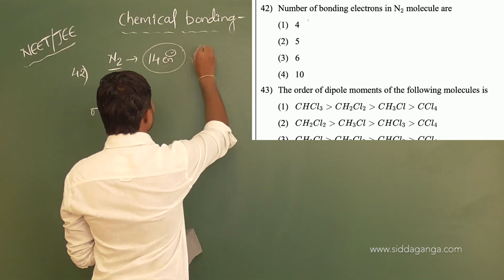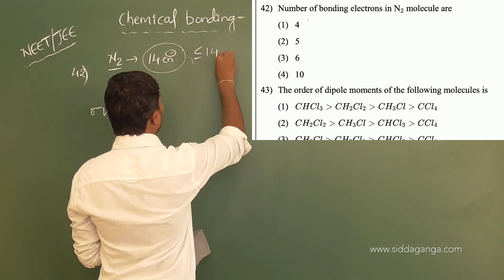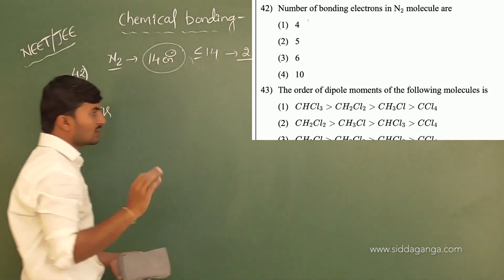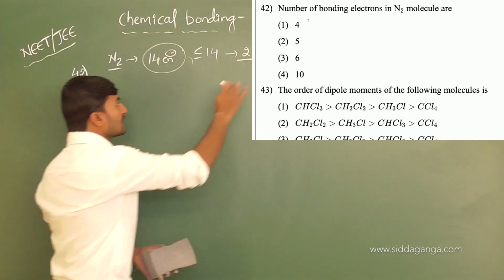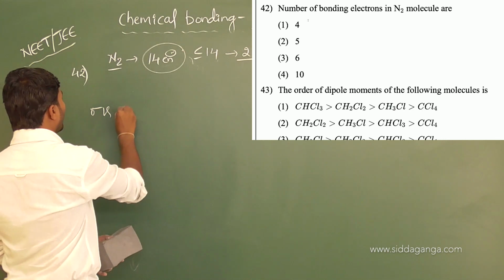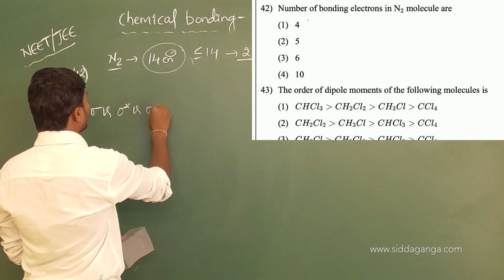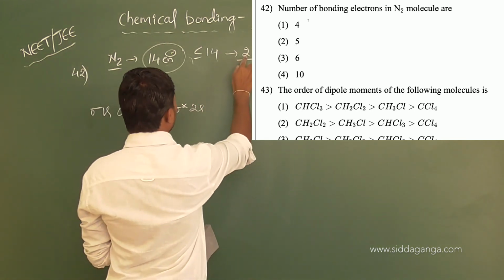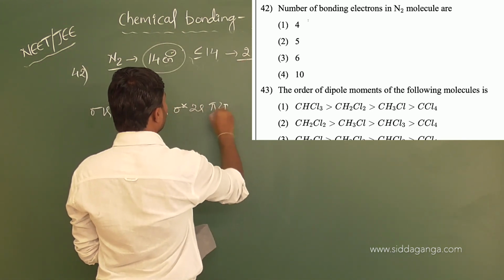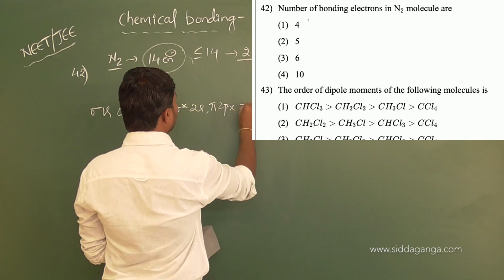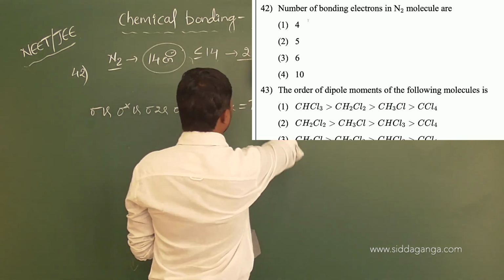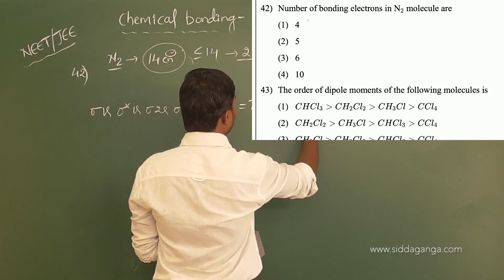For a system with less than or equal to 14 electrons, it must follow the 2-1-2-1 arrangement of molecular orbitals: sigma 1s, sigma star 1s, sigma 2s, sigma star 2s, followed by pi 2px equal to pi 2py, followed by sigma 2pz.